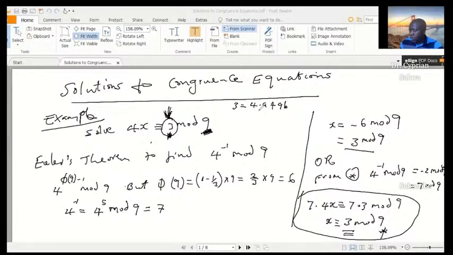First of all, let me erase the space so that we have some room for the other example.